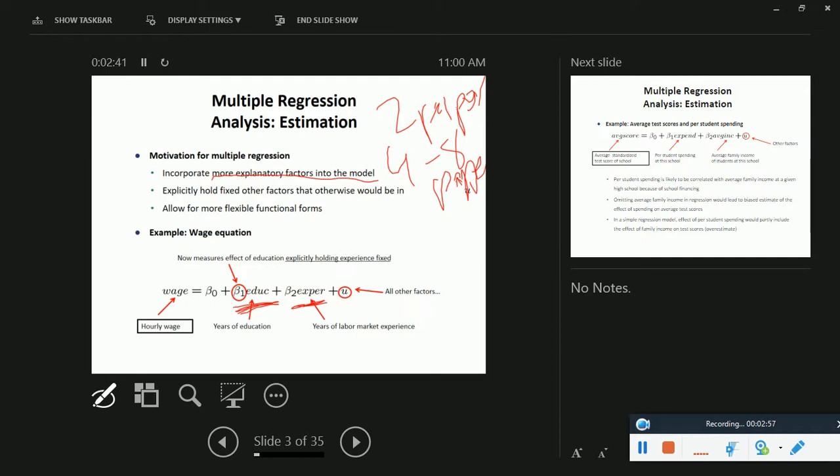Now the interaction term could be how both these factors, education and experience, with beta 3, multiplied together. In that case, we capture the combination of the two, how both of them are affecting the wage. So there's a lot of flexibility here.